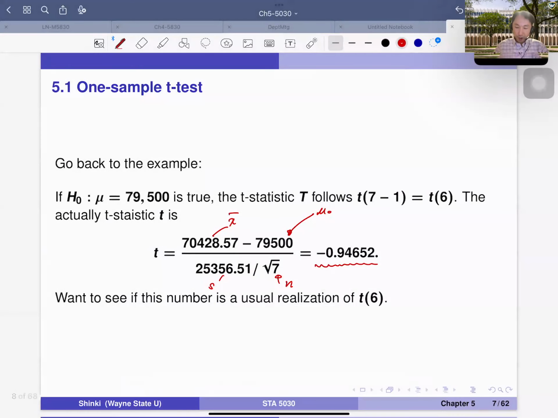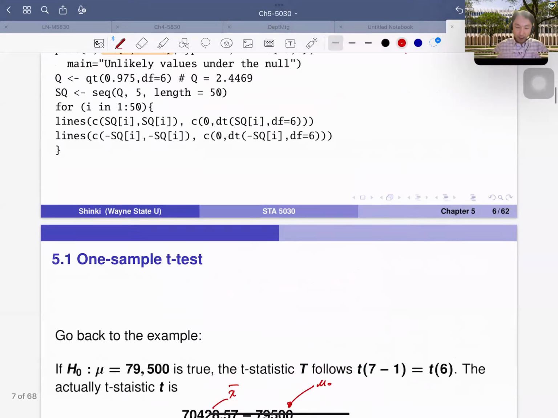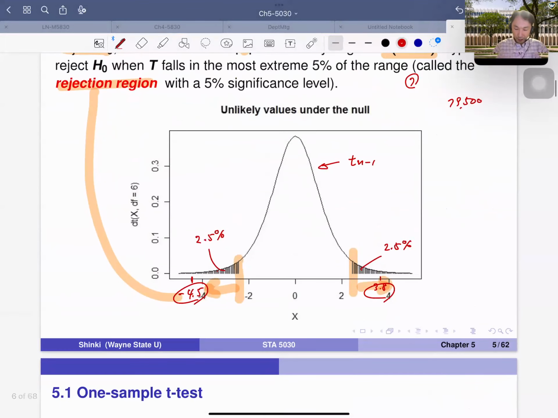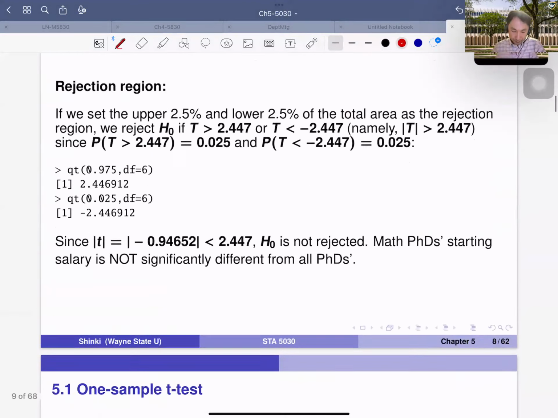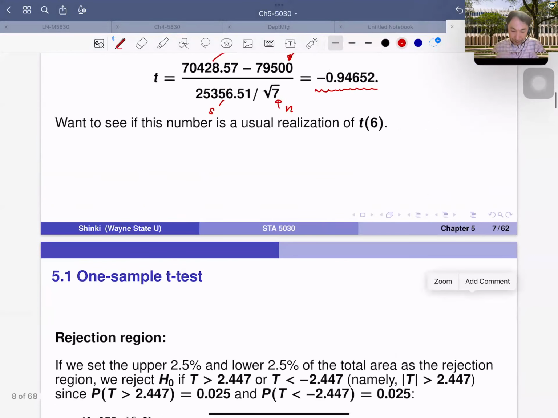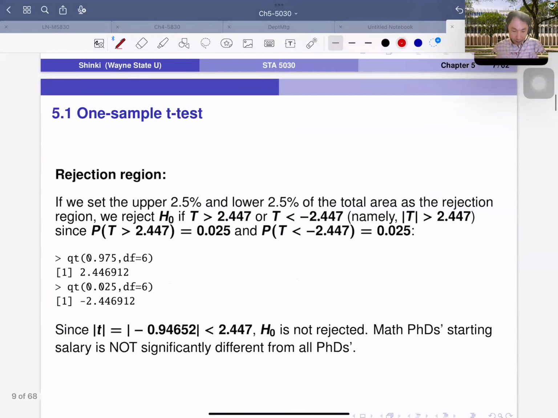In the previous distribution, negative 0.94 is actually not a really extreme value. It is a typical value in this distribution, so we don't have any strong evidence to reject H naught. That is the conclusion.